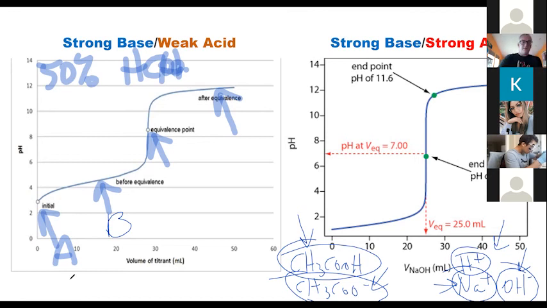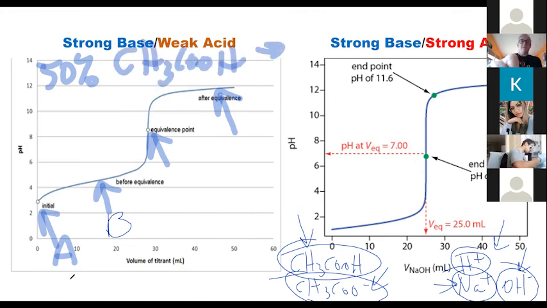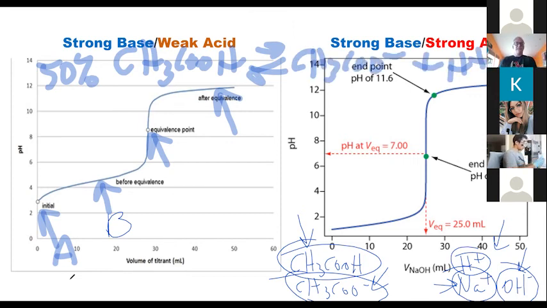let me start over. So if my reaction is this, CH3COOH goes to acetate plus H plus, they're now going to be the same. So the concentration of this and the concentration of this are going to be identical.